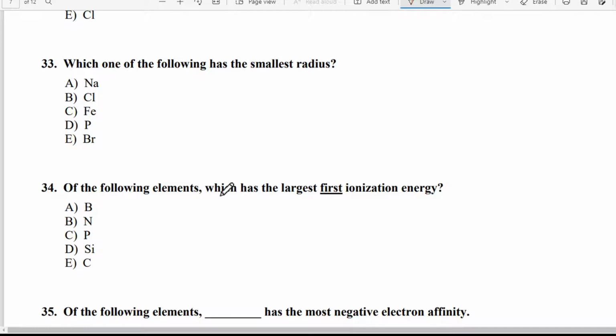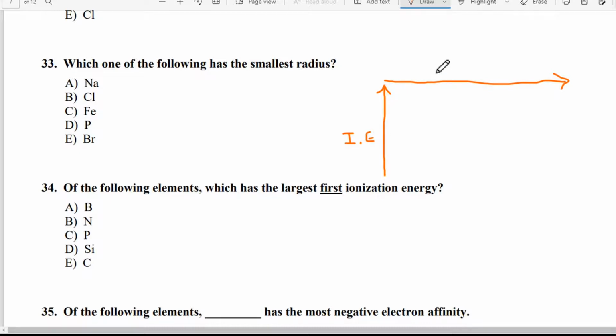But in short, when you're talking about the first ionization energy, the trend is it tends to increase going up, and it tends to increase going across. Why is that the case? Well, basically, it's the case because I said so. No, I'm just kidding.